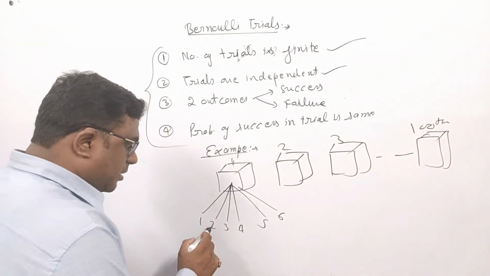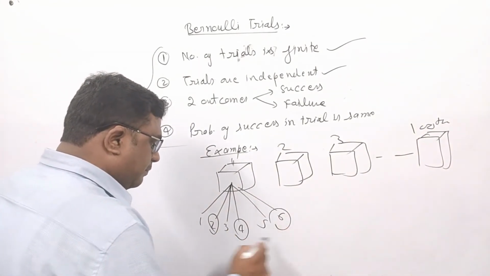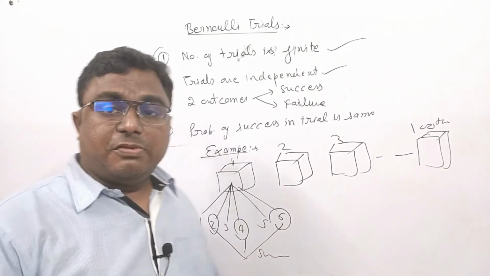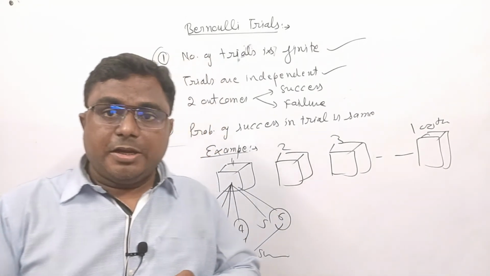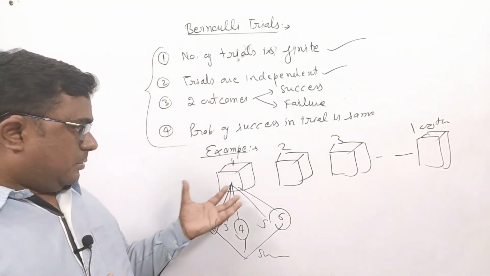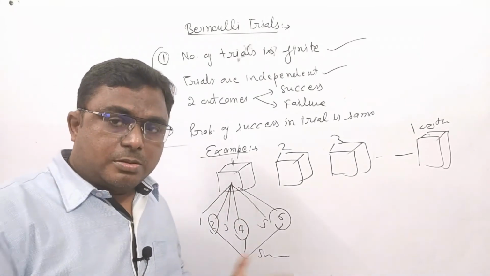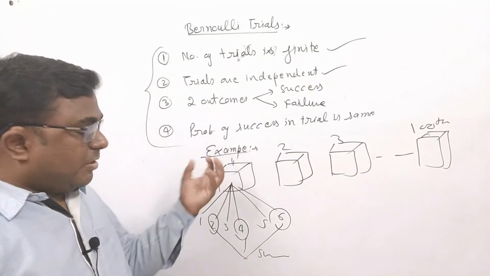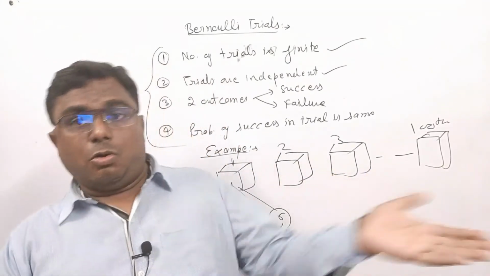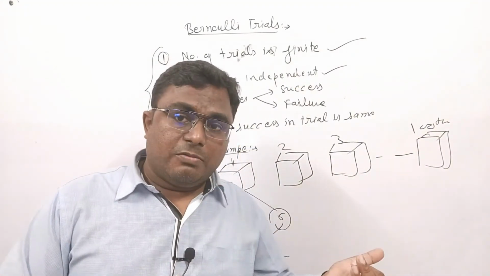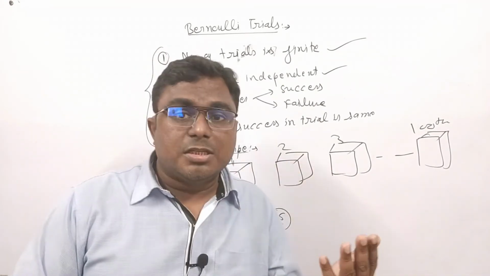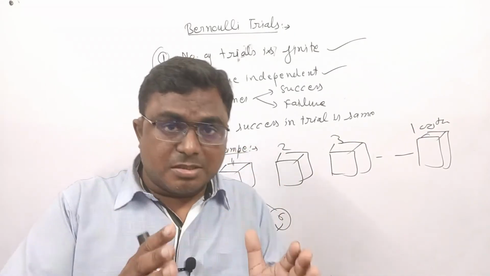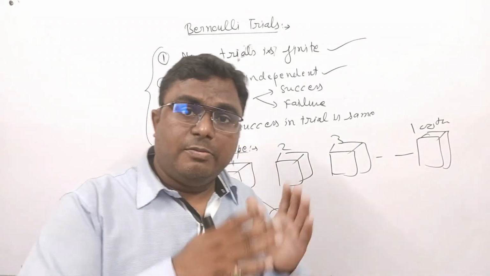Suppose I say that getting an even number is a success and getting an odd number is a failure. I'm defining it from my side. Obviously when you throw the die, either an odd number or an even number will come. It means either you will get success or you will get failure. If you get any even number, it will be a success. If you get any odd number, it will be a failure.